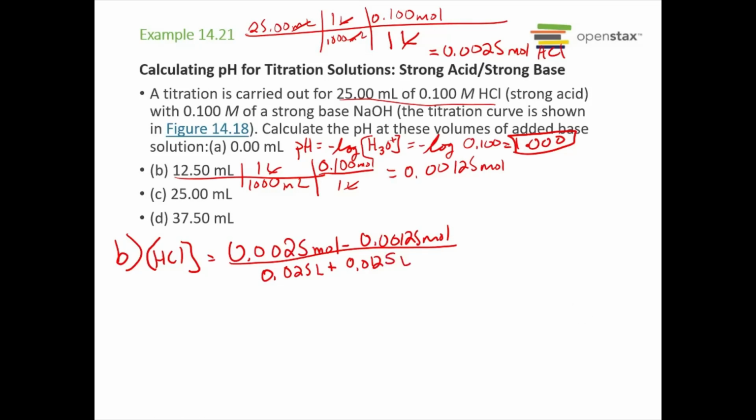And so this concentration of HCl, which is equal to our concentration of H3O plus, is 0.0333 molar. With pH equal to the negative log of 0.0333.